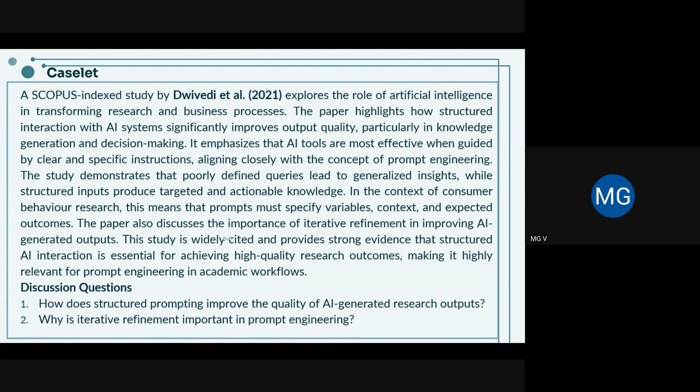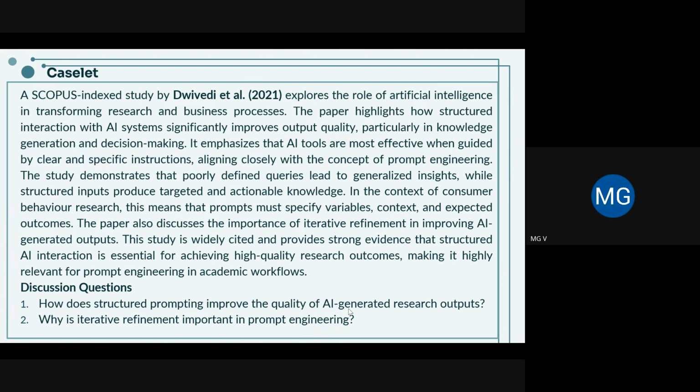Anyone? The answer lies in the case itself. Basically, structured prompting provides clear context, variables, and objectives, leading to more precise and relevant outputs. Why is iterative refinement important in prompt engineering?